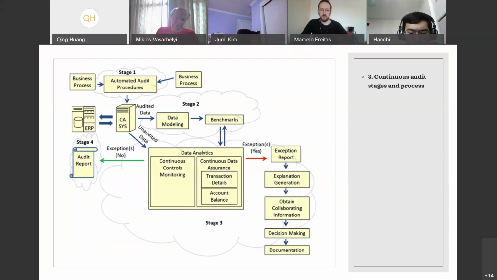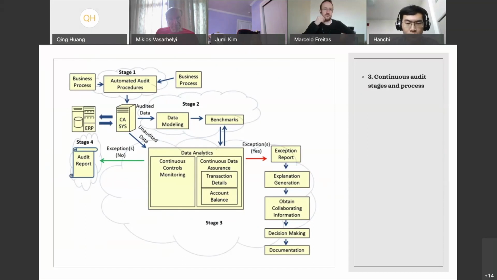In stage 3, data analytics are used to evaluate internal controls, transaction details, and account balances against the benchmarks. All violations will be flagged as exceptions in real time. For each of these exceptions, auditors will evaluate whether further investigation is needed or not. If the auditor is satisfied with the explanation, they can just document the findings and the resolutions.